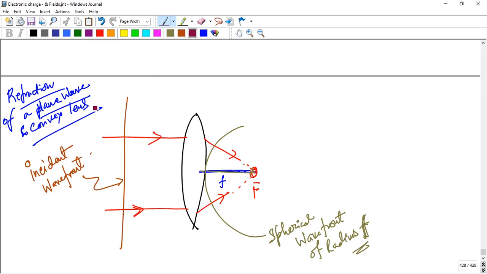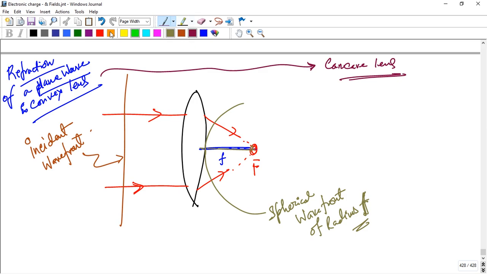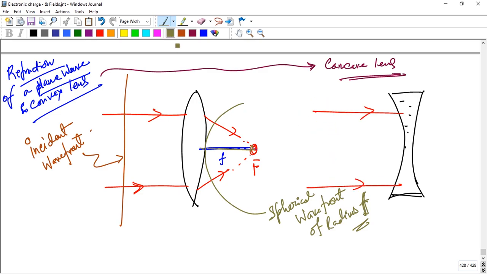Now if I change this lens to a concave lens, the diagram looks like this. This is the incident wavefront. After striking, the refracted rays diverge.